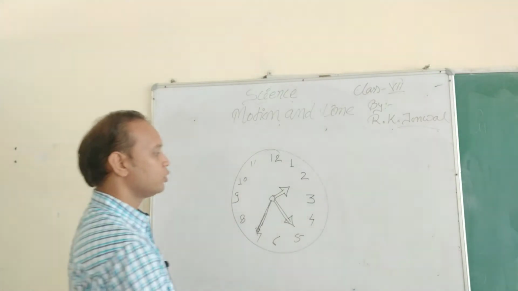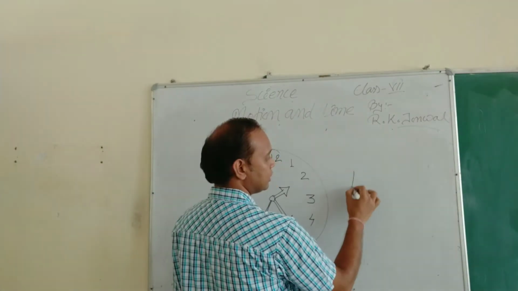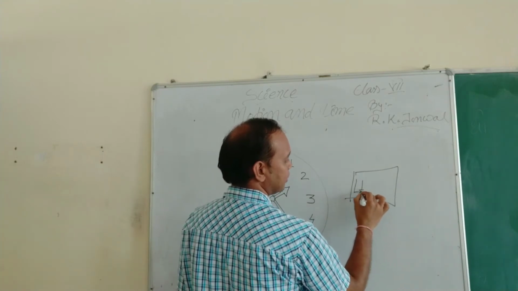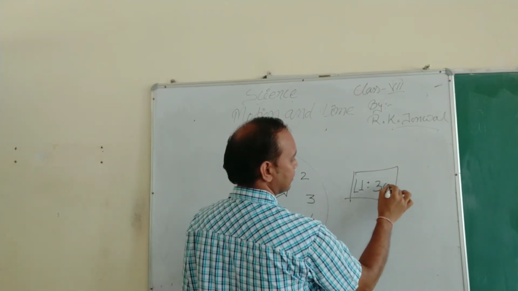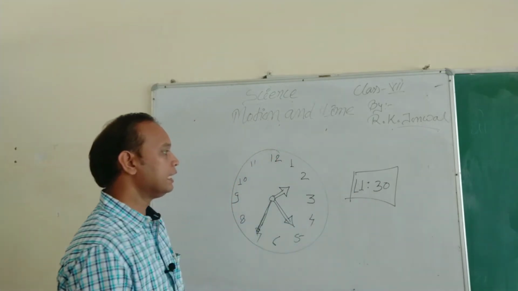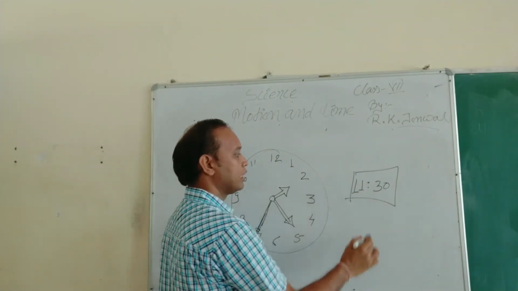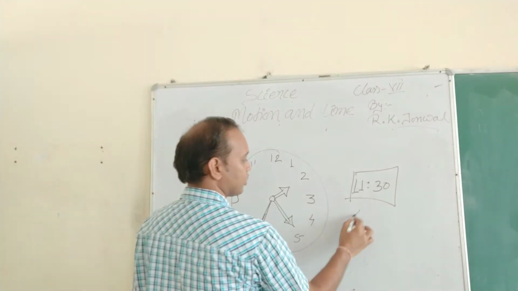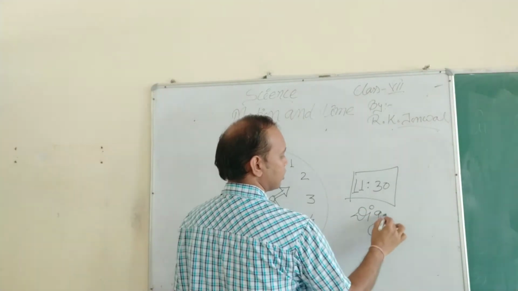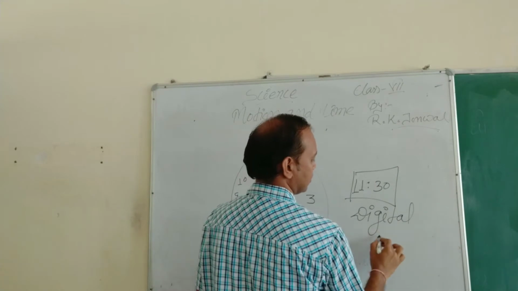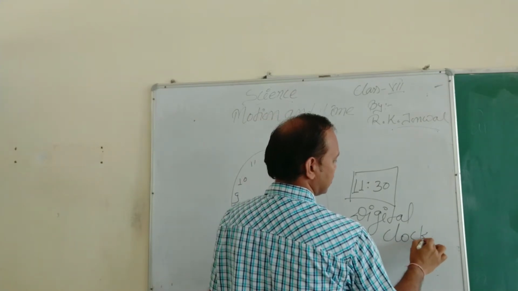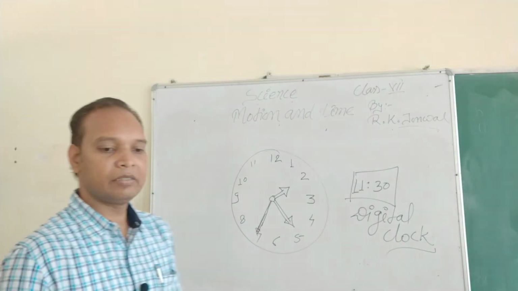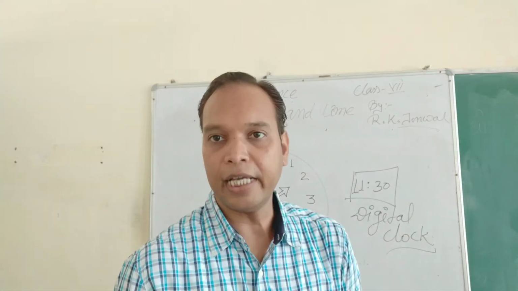So students, you also see some digital watches. In these digital watches, here is written 11.30. So you can easily read this value and you can easily find out the time with the help of this digital clock. That is called digital clock. So with the help of this digital clock, it is very easy to find out the time.